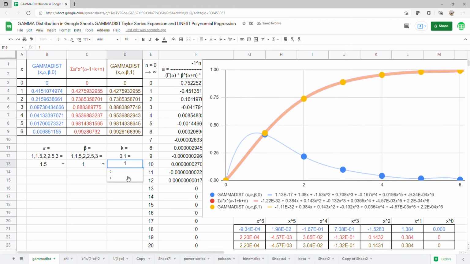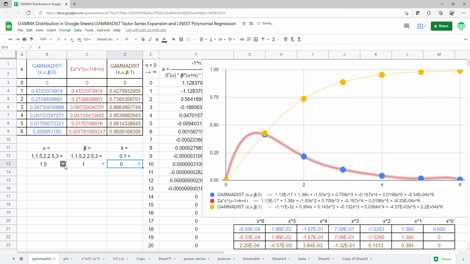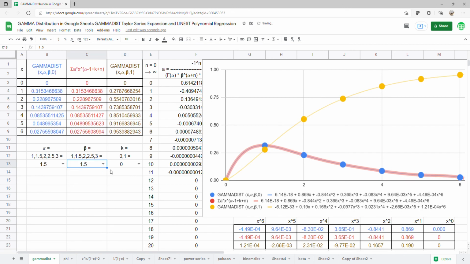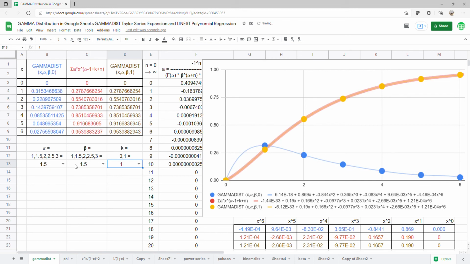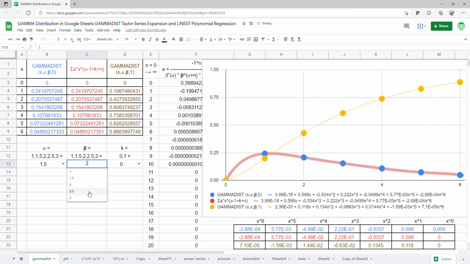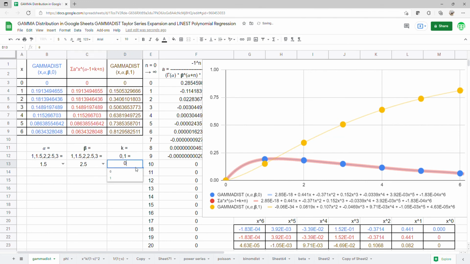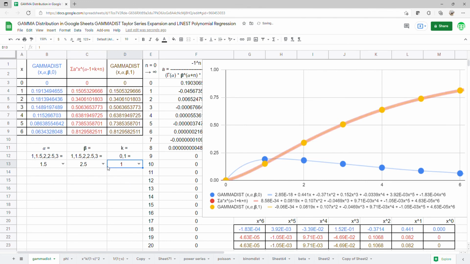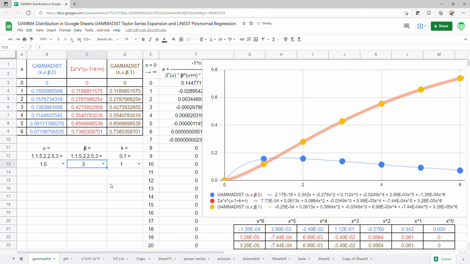Toggle this to 0. Then change this to 1.5, toggle this to 1. And this will be changed to 2, toggle this to 0. Change it to 2.5, toggle this to 1. And 3, toggle this to 0.